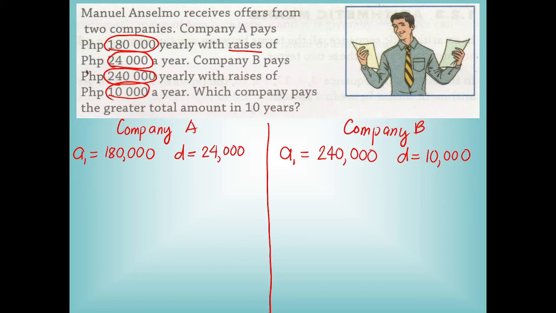Compared to Company A, that's only 180,000 per year. But think of this. Do not just think for a short-term plan. You think of a long-term plan. For about probably 10 years from now, pila kay akong salary sa 10 years? Pila kay akong salary sa after 20 years? Think of that. Do not just think of now.